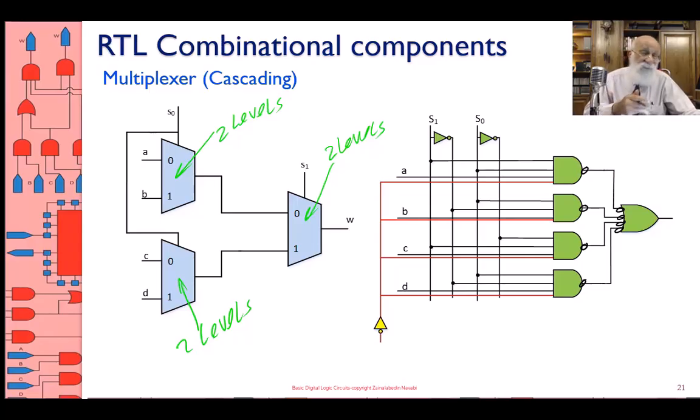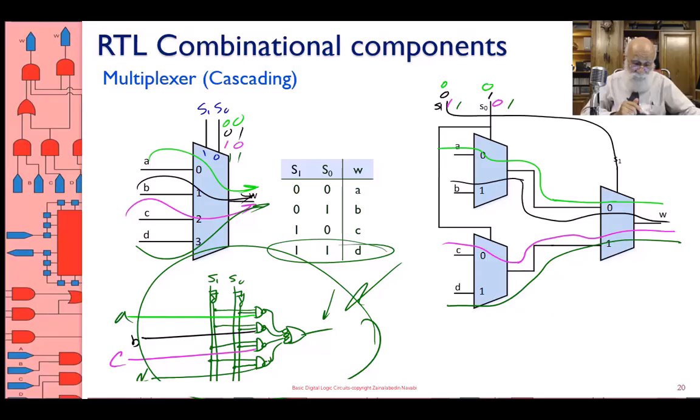But then what if I have no choice, but I only have 2 to 1 multiplexers? The good thing about multiplexers is that you can take 2 to 1 multiplexers and build any bigger circuit. You can just put all these multiplexers in a tree structure and come up with whatever large multiplexer you want. And what if I want to make this circuit, the one on the lower left, cascadable?